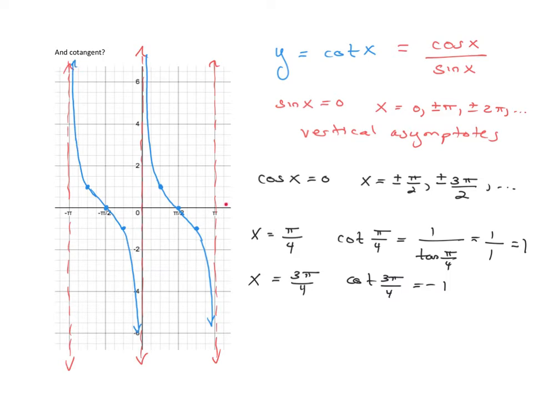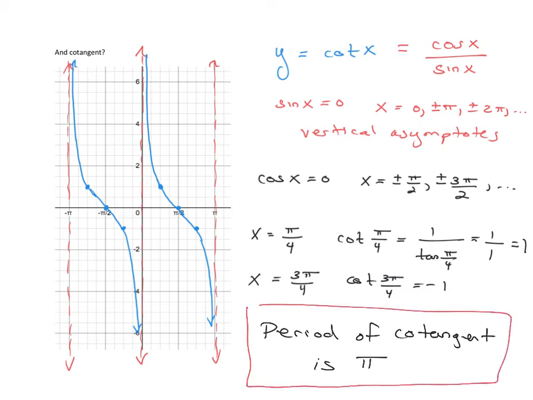And like I said, this goes forever in this direction and this direction. I'll note that the period of cotangent is pi, just like tangent. So this is the general shape of the graph. Its period is pi, and here are a few values and some asymptotes.